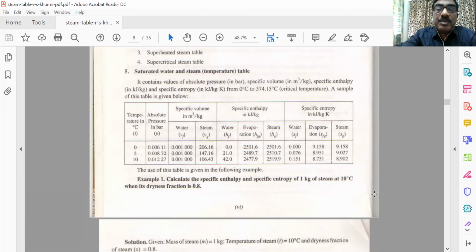And this quantity being shown here is the total enthalpy that is required for converting the liquid into gas. For example, at 0 degrees centigrade, you need 2501.6 kilojoules of heat to convert the water into gas. This is the enthalpy of saturated steam.